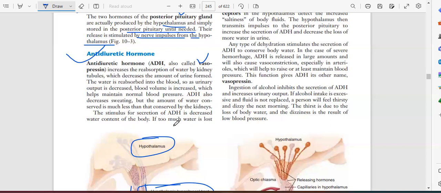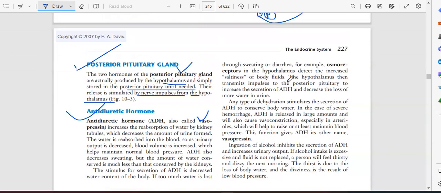The stimulus for secretion of ADH is decreased water content of the body. If too much water is lost through sweating or diarrhea, for example, osmoreceptors in the hypothalamus detect the increased saltiness of the body fluids. The hypothalamus then transmits impulses to the posterior pituitary to increase the secretion of ADH and decrease the loss of water in urine.